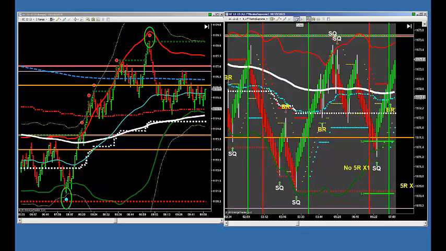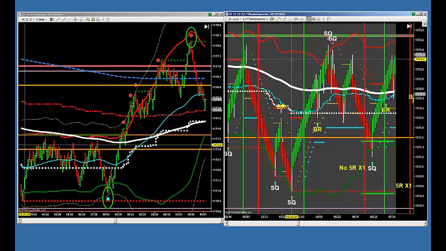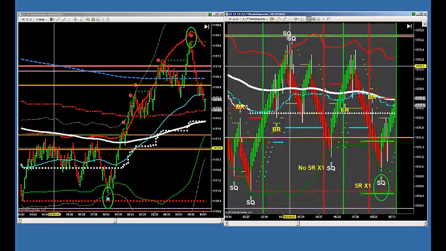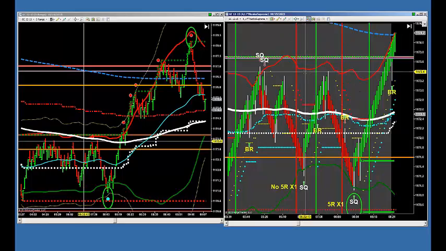I will be using the global cursor, which is a wonderful little tool and can be very annoying at times. I kind of had a starting point here. And the first one we come to, just follow that global cursor on both charts. Notice that we've got the SQ signal.